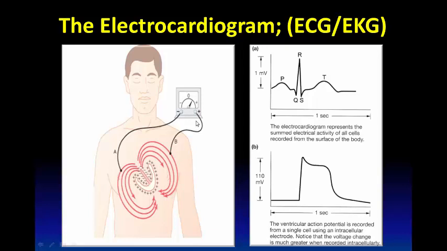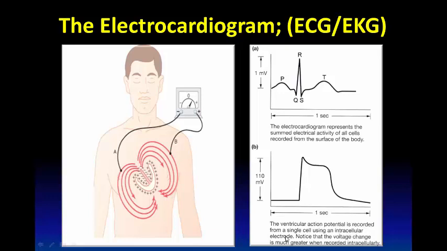Now a very important question arises, which is, what is the difference between recording an action potential and recording the electrocardiogram? The ventricular action potential is recorded from a single myocyte using an intracellular electrode.